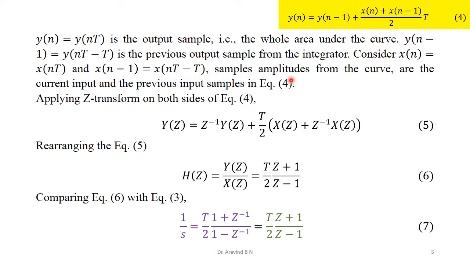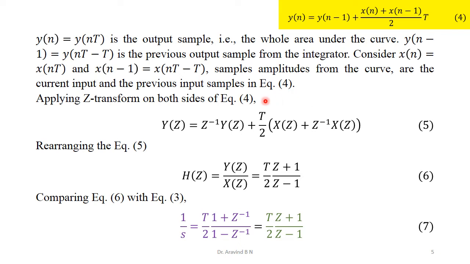So the sample amplitudes from the curve are the current input and the previous input sample, that is, x of nt and x of nt minus t, the present and the previous input samples respectively. Now we apply the Z transform to this expression. We get y of z is equal to z inverse y of z plus t by 2 into x of z plus z inverse x of z.